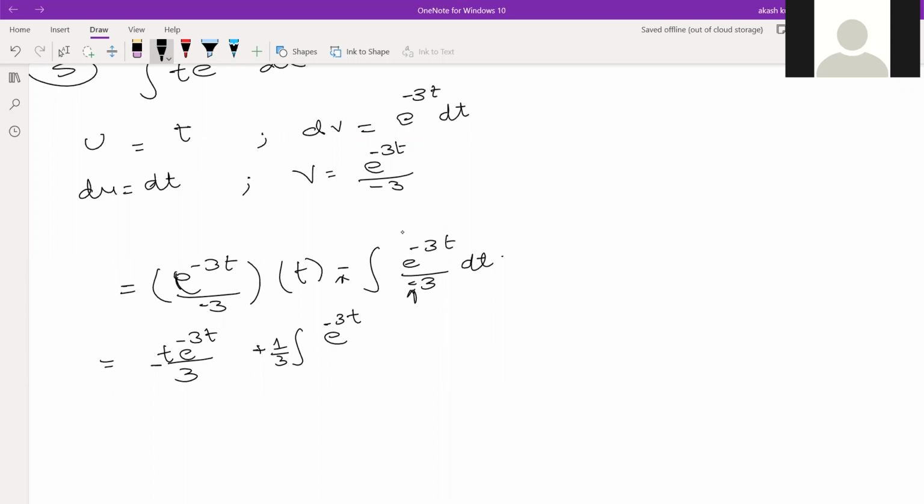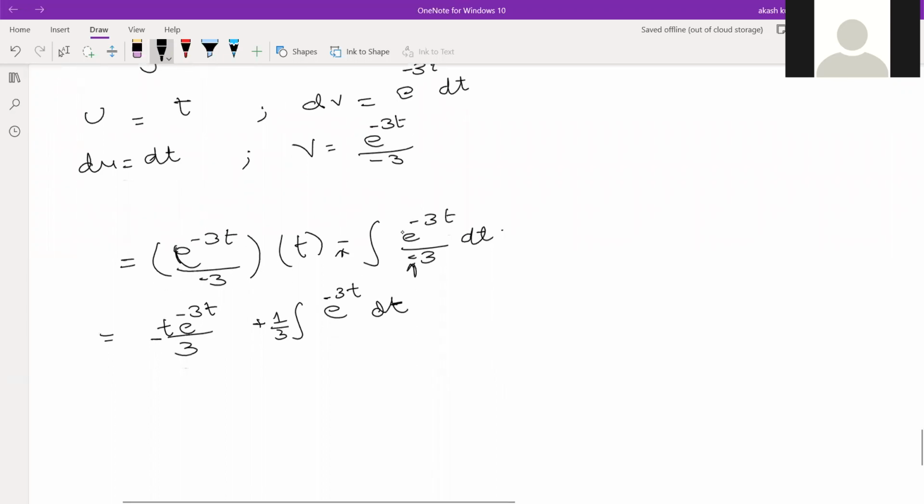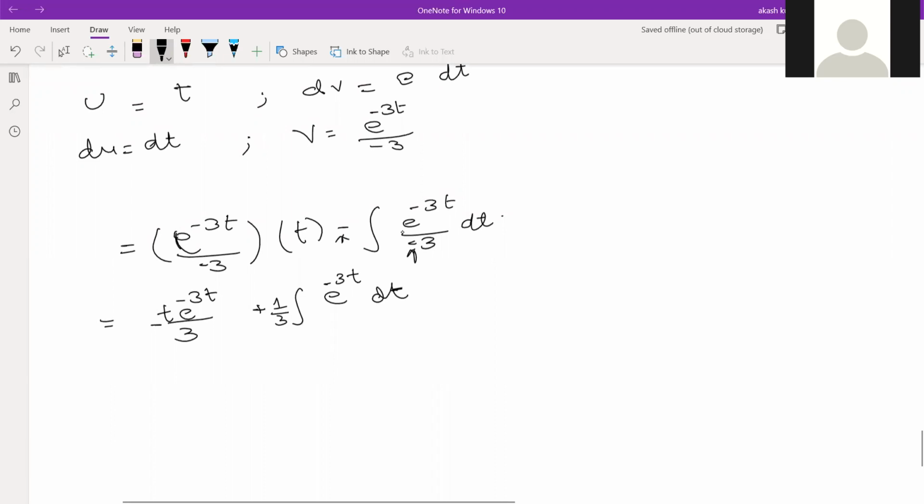I'm taking the constant out, so it becomes 1 over 3. Inside is left only e to the power of minus 3t dt.